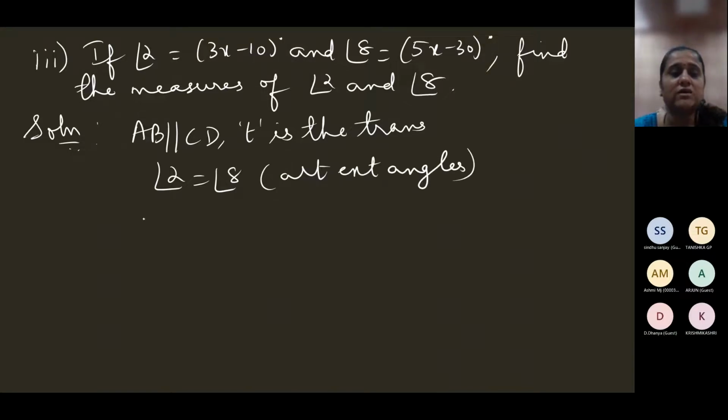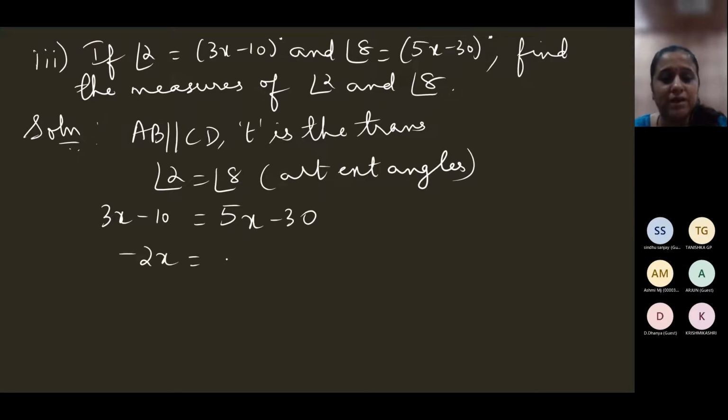Angle 2 is 3x minus 10, and angle 8 is 5x minus 30. You should equate them: 3x minus 10 is equal to 5x minus 30. So minus 2x is equal to minus 20, x is equal to 10.